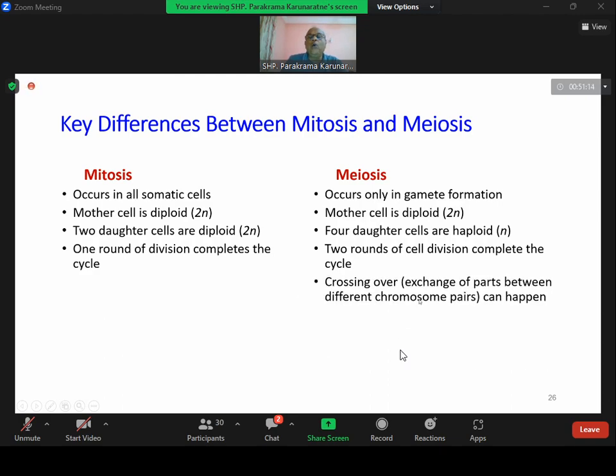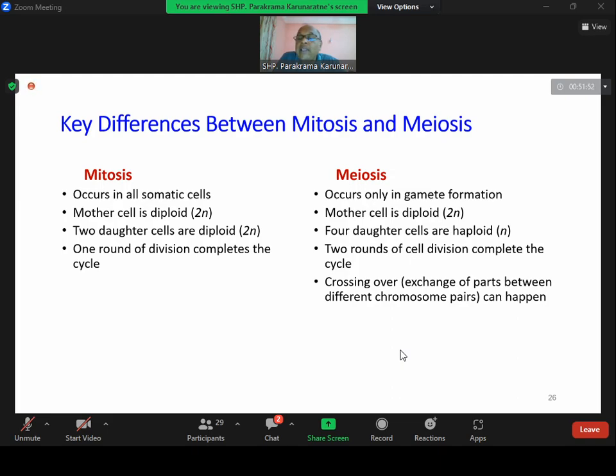Okay. Crossing over. There is a process called crossing over. If I teach you that, it is going to be a bit complicated, so you don't have to worry about it. Just remember that during meiosis, crossing over means exchange of parts between different chromosome pairs. This can happen because pairs come together. In meiosis, pairs come together in the middle and line up in the central line.